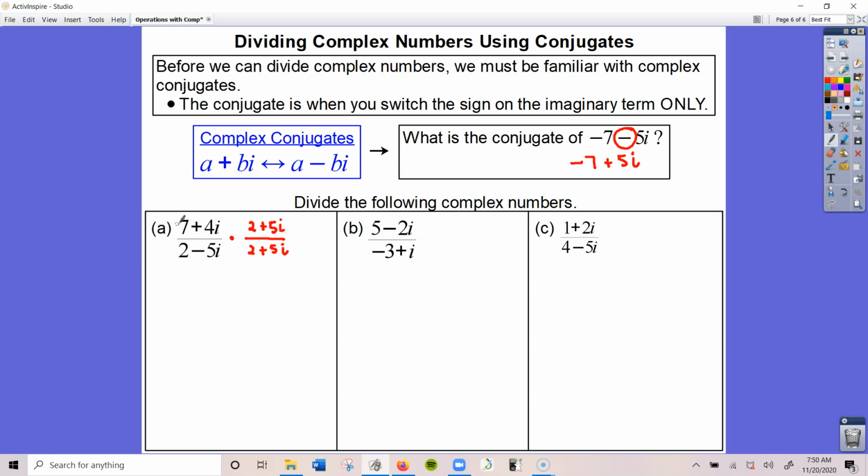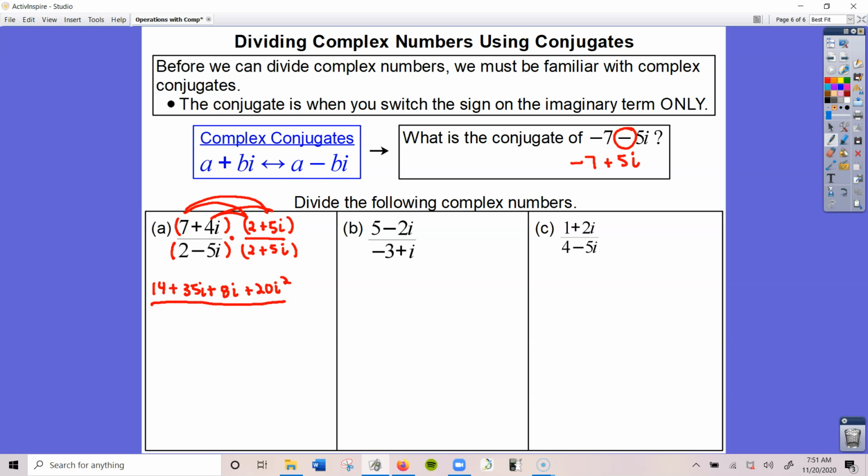Now here, because this is a binomial, you're going to have to FOIL both the numerator and the denominator. So we're going to distribute the 7, and then we're going to distribute the 4. And what we get here would be 14 plus 35i plus 8i plus 20i squared.